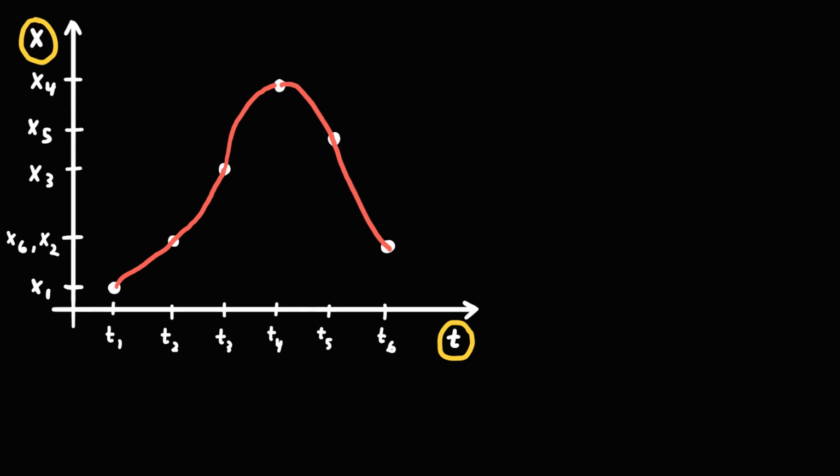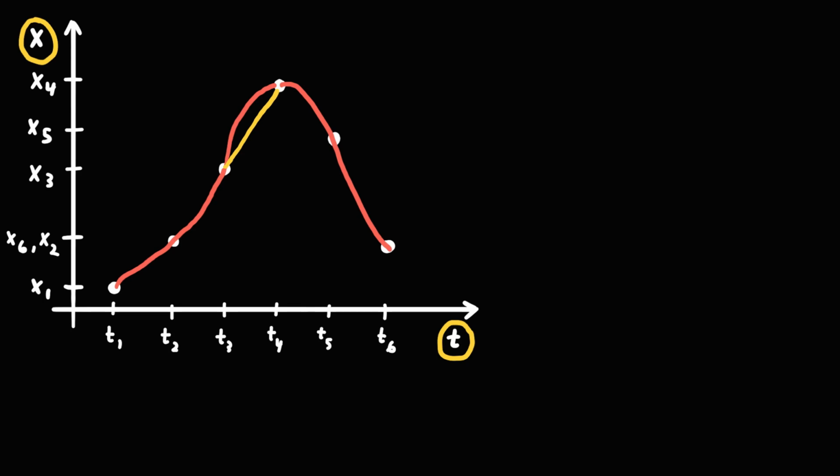And so maybe the object's position as a function of time looks something like the graph that I've drawn. Now what I'd like to do is select 2 points, and the 2 points I'm going to select are at times 3 and 4. So I'm going to connect those 2 points with a straight line.